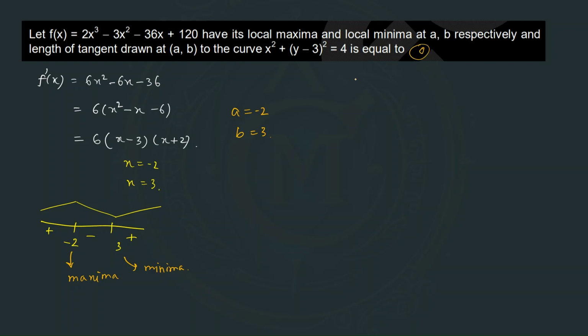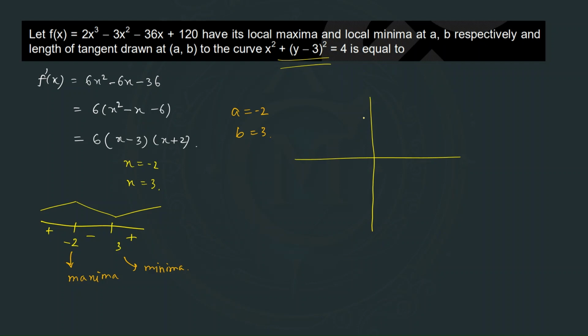But if you answer 0 in this question, the answer will be completely wrong because the language is different. We are asked to find the length of tangent drawn at (a, b) to the curve. So as this point lies on this curve, we can draw a graph of this function here.